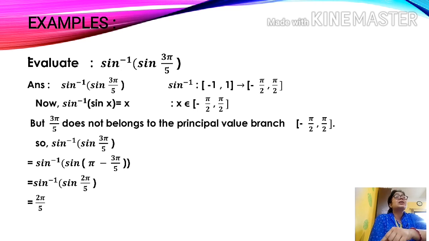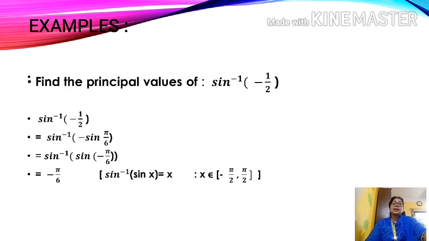In the second quadrant, any angle we write as pi minus theta. So here we will convert this angle as sin inverse of sin (pi minus 3 pi by 5). The value is 2 pi by 5, so the answer is 2 pi by 5, since this 2 pi by 5 belongs to this interval or principal value branch.